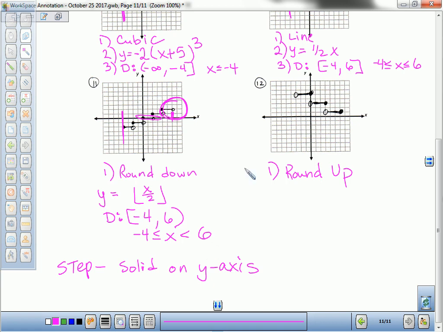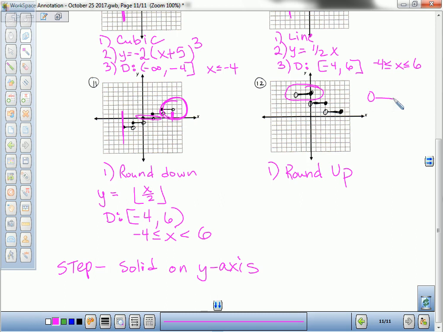All right, so I said my hint to you for any step function is find the solid one that's on the y-axis. So I'm going with this one. I always start with the solid one on the y-axis. So we know this is up.